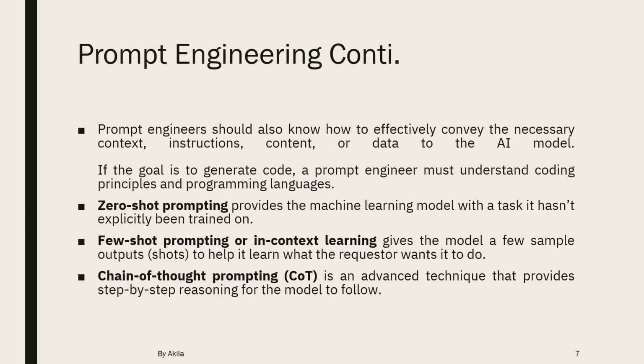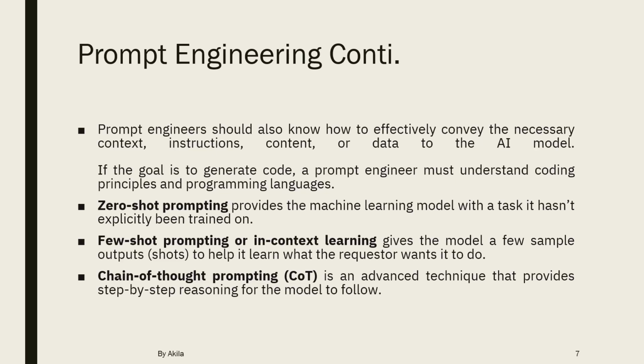That is called zero shot prompting. Then few shot prompting, or in context learning, gives the model a few sample outputs or shots to help it learn what is requested and what it should do. So the model can better understand the desired output if it has a context to draw from.